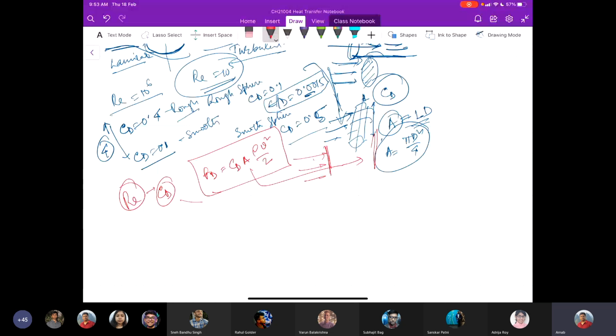Because see, this variation of the local Nusselt number around this surface, around this body, the periphery, you would find there is also a local Nusselt number variation, like we have understood the drag variation.